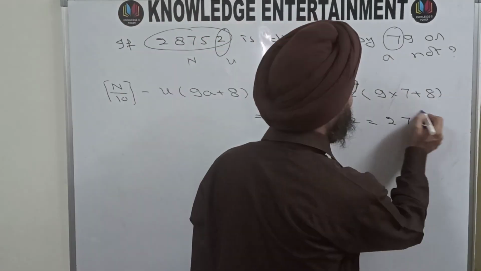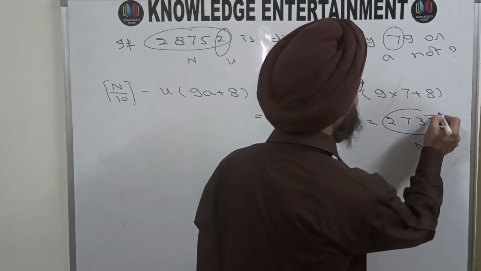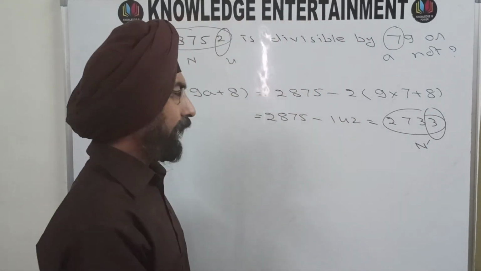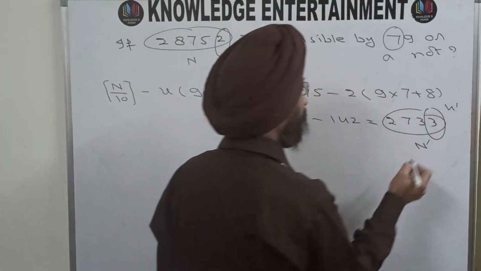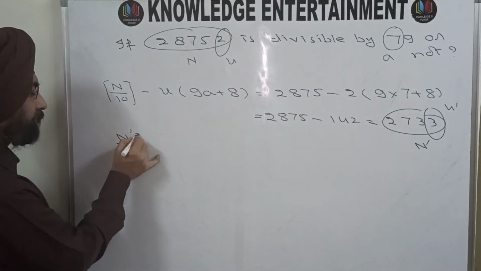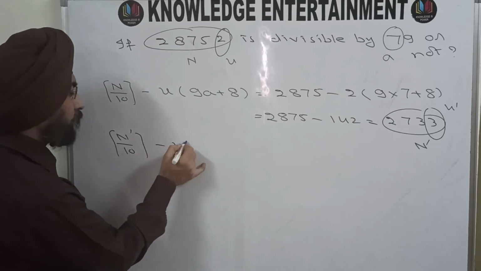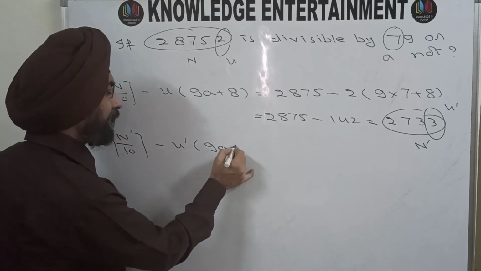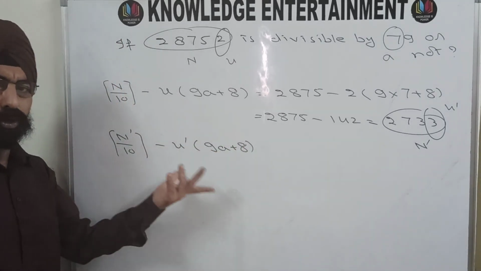So this is your n dash now, and this 3 is your u dash now, and you have to calculate n dash by 10 minus u dash times (9a + 8), which will be the same one because a is not going to change.